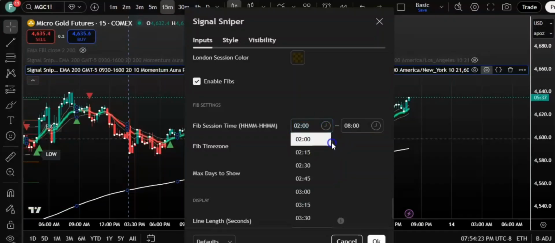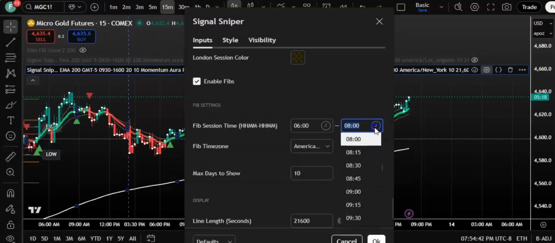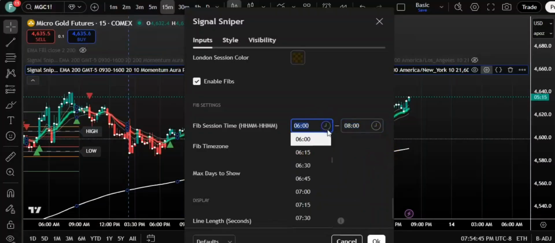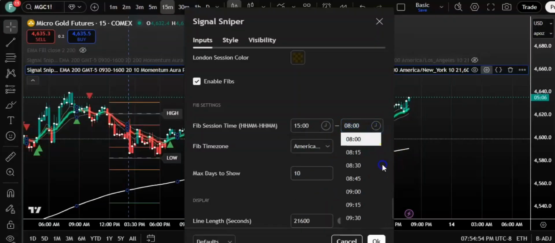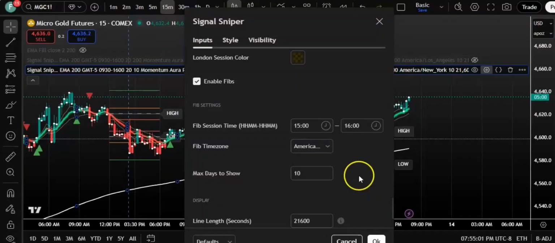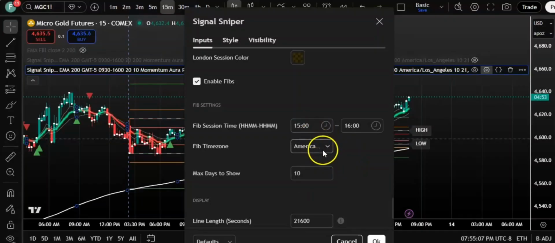I just have to make sure it's set to the appropriate time, which, in Los Angeles time, would be 15 to 16.